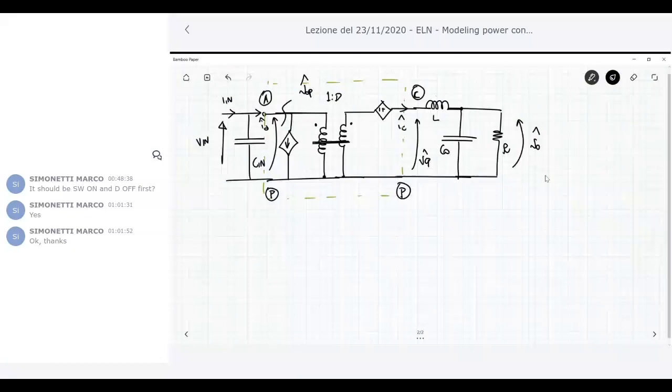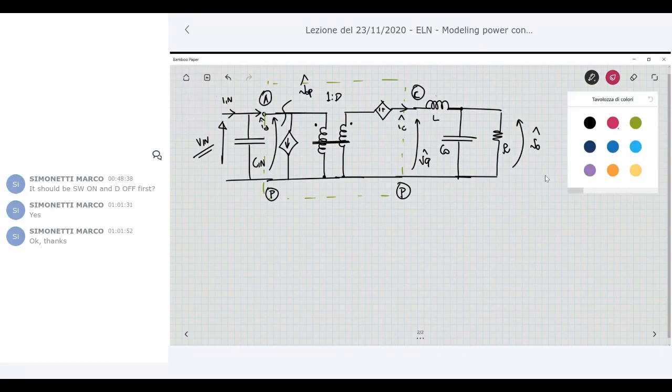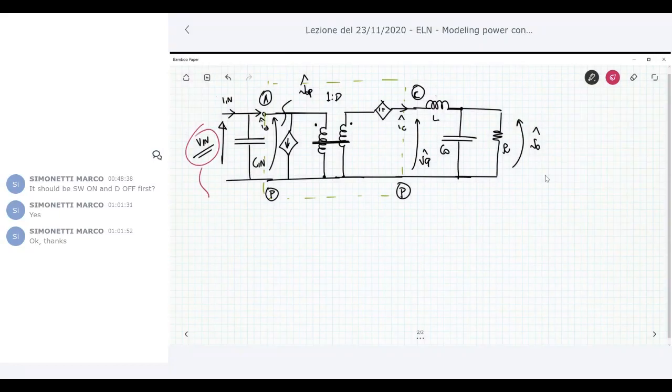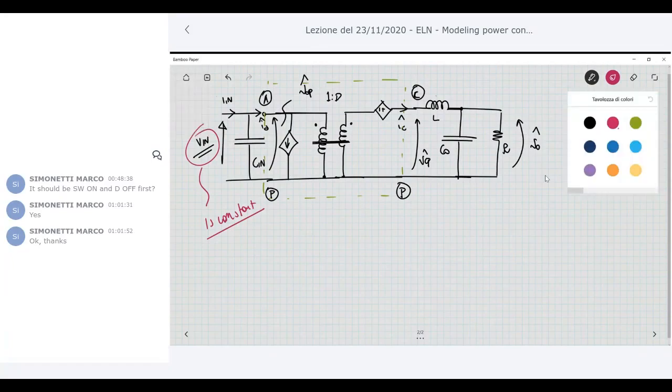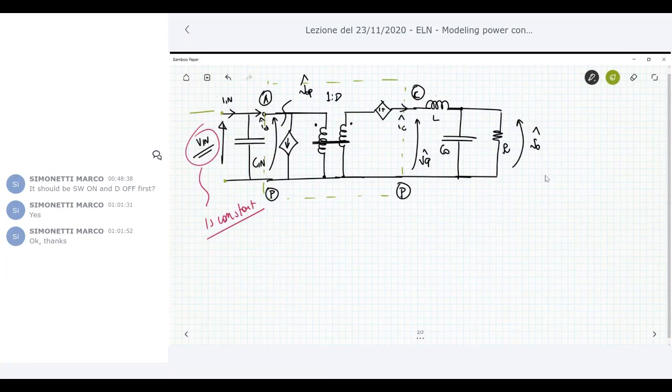So that means that, for example, the input voltage, which is V in, is a constant voltage, and since this voltage is constant, in terms of small signal analysis, this quantity can be shorted, can be neglected. So what is done here is to put the voltage at the input at 0, since it is constant and not involved in small signal analysis of AC variables.